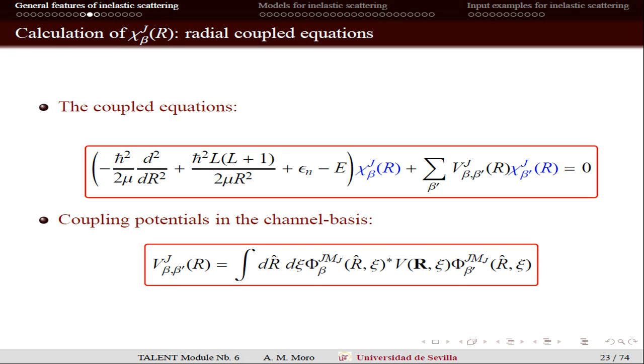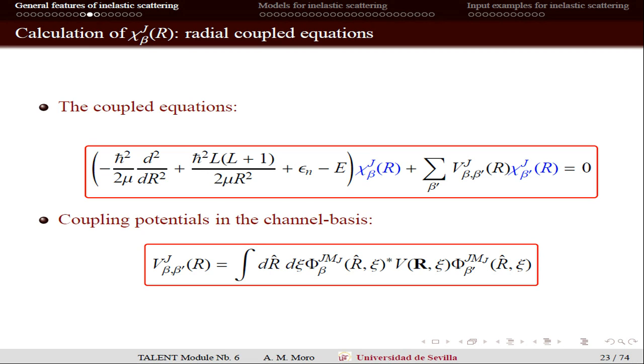So this is what we had gained. Before it was a three-dimensional differential equation coupled to other equations. Now at least it's a one-dimensional equation for only one variable, R. So this is what we had gained going from the general wave function to solutions with total angular momentum.